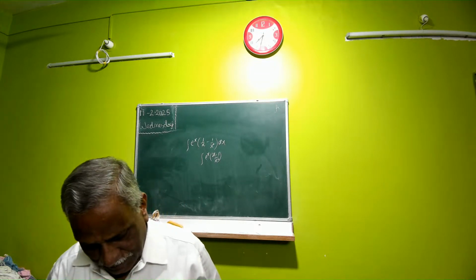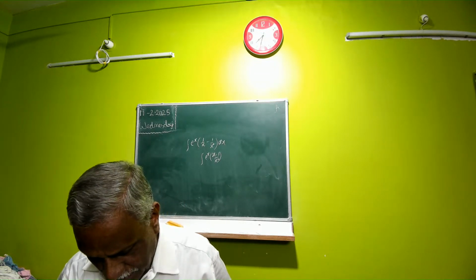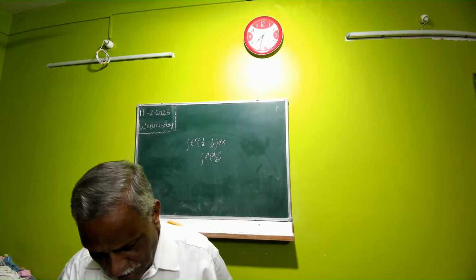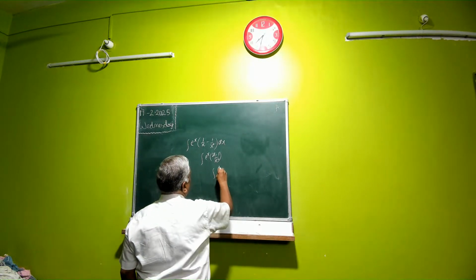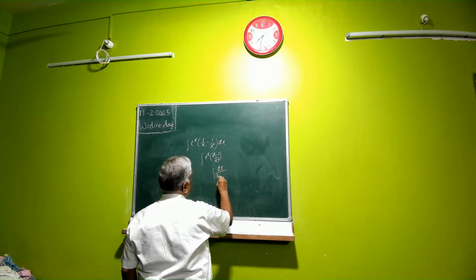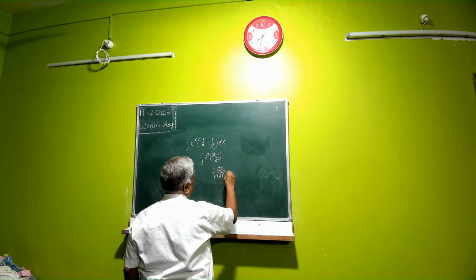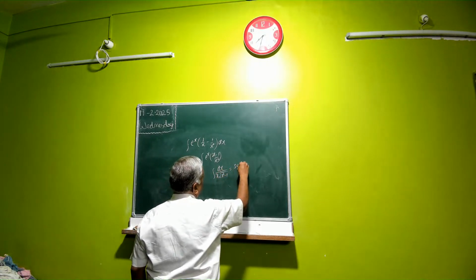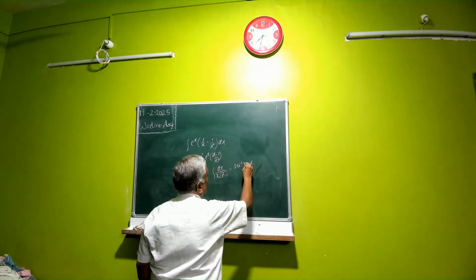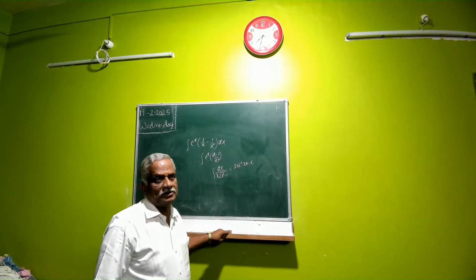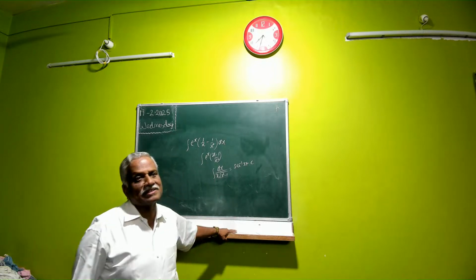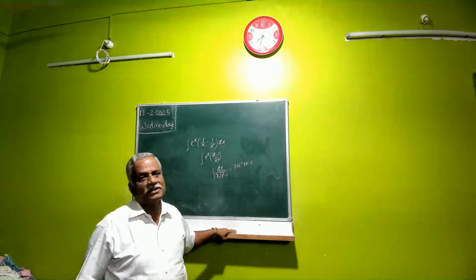And model paper 3, we have the problem dx over x into square root of x square minus 1. This is secant inverse x plus c. Especially it will be easy for you. Supposing you are not able to recognize this, 4 answers are given.